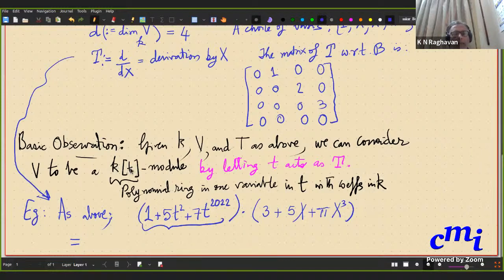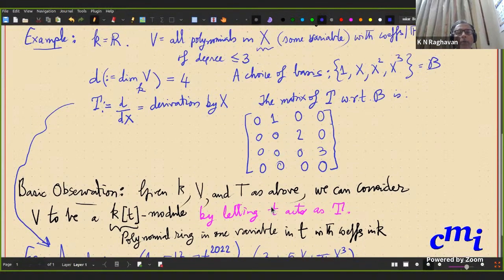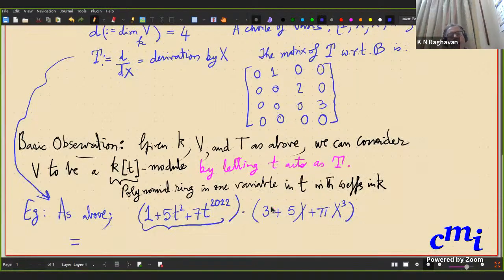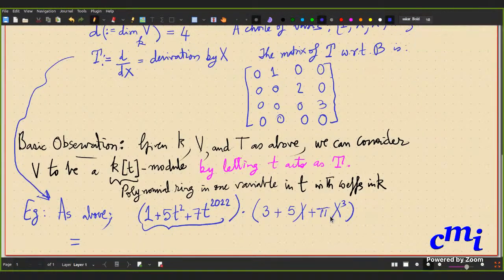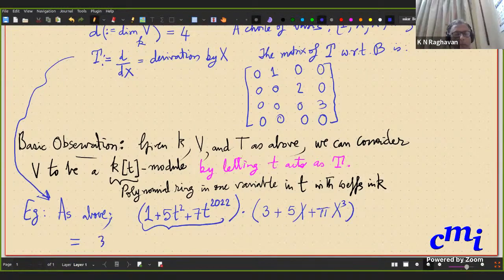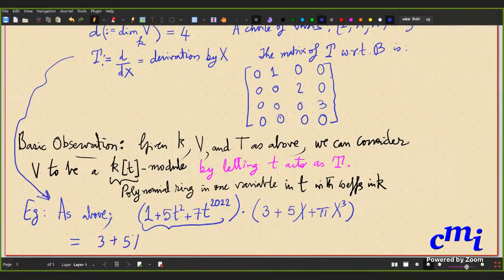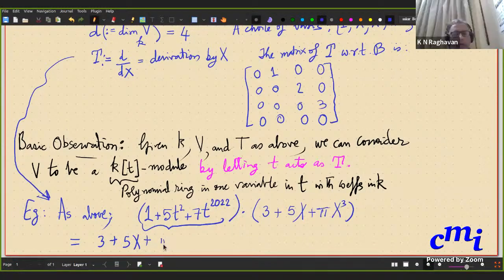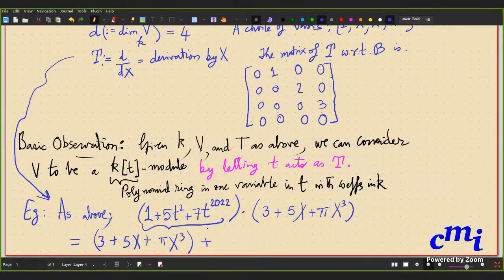K is R, and therefore this is a polynomial in T. The ring also consists of polynomials, and the vector space also consists of polynomials, but they should not be confused. 3 plus 5x plus pi x cubed. Very good. I see what you're saying, but let's hear it from you. So you are saying that small t is behaving like capital T.